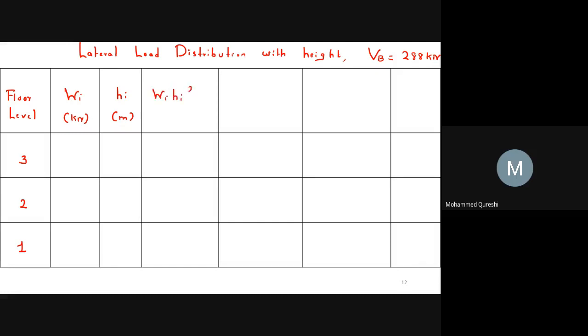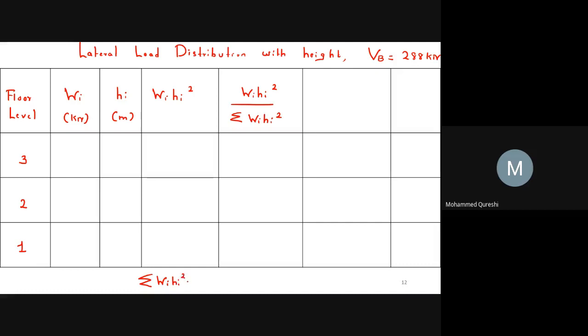Wi Hi square, Wi Hi square upon summation of Wi Hi square. We will get the whole summation from here.